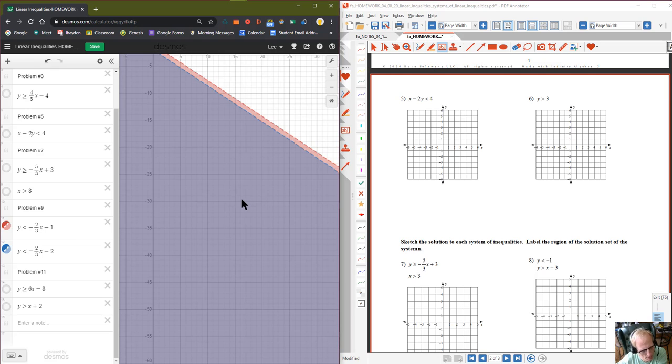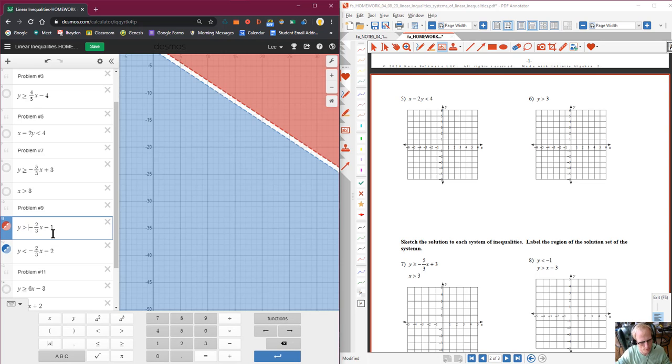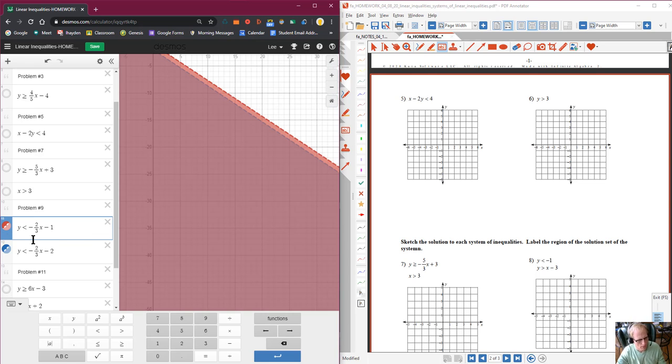Okay, now interestingly enough, if the first inequality, instead of being less than, was greater than, then the system would have no solution because there would be no overlapping region. You have parallel lines, opposite sides are being shaded, so there's no solution.